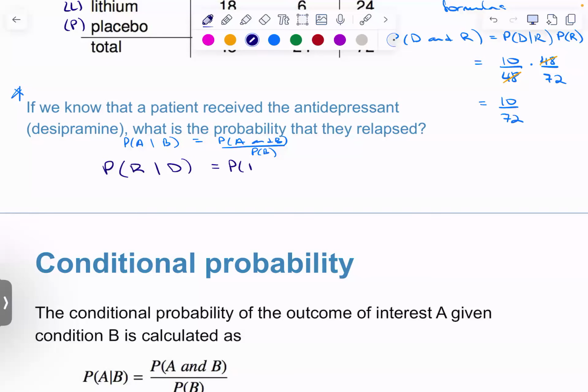Which is going to be the same as the probability of R and D divided by the probability of D.